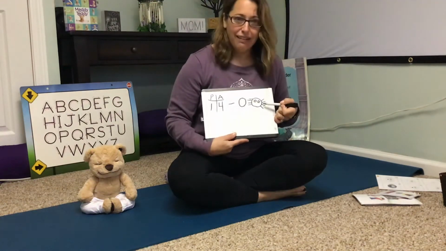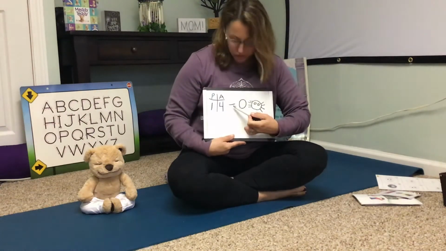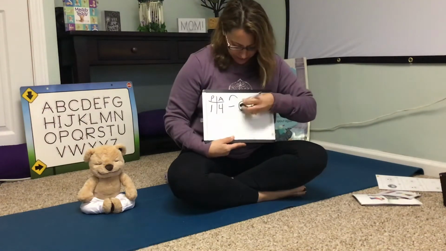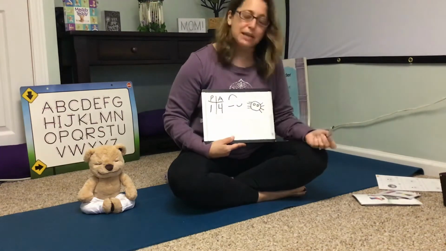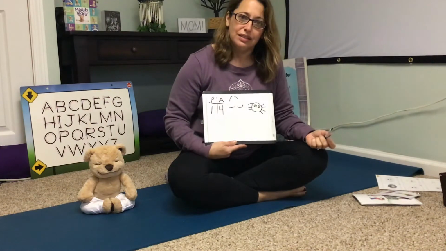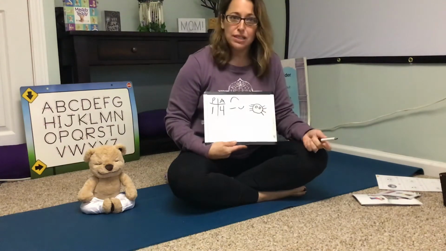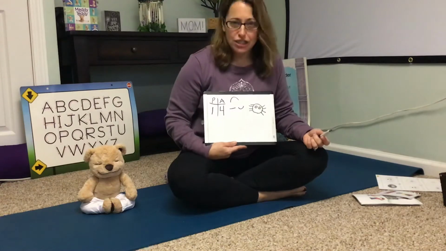What is that? It's a spider. And I used straight lines and I used curved lines. I used curved lines to make my spider. And that's all it was, just some lines. And I was able to draw a spider just using lines, because today we are going to have art class.